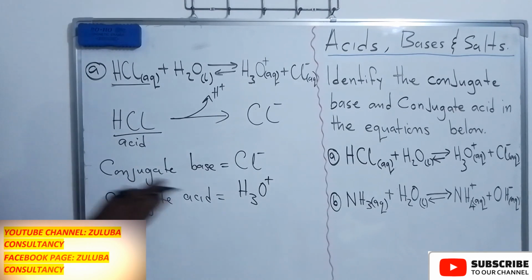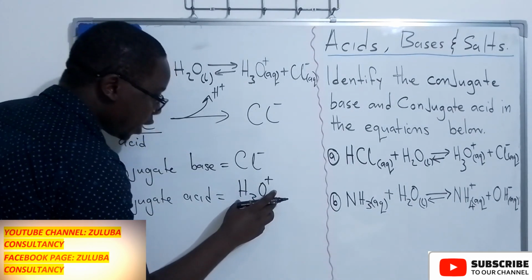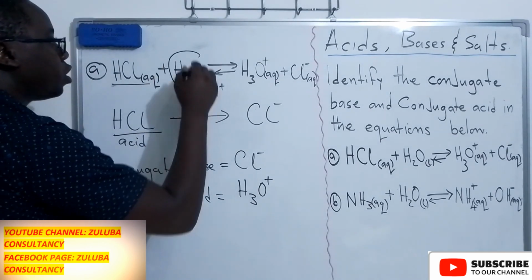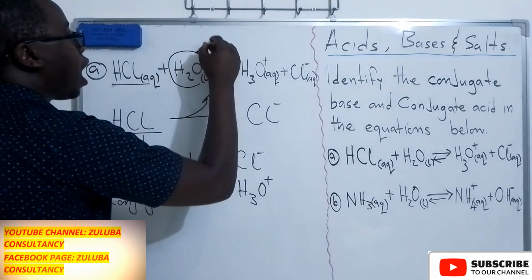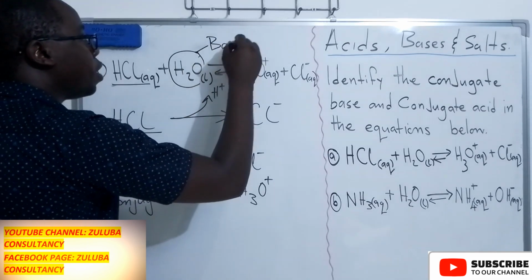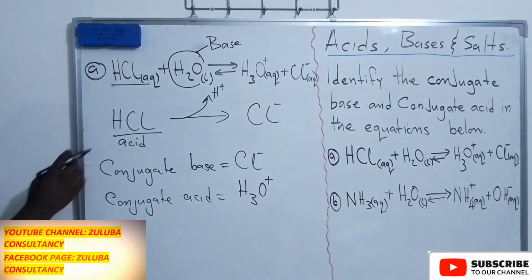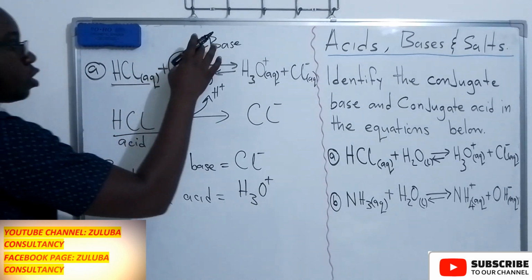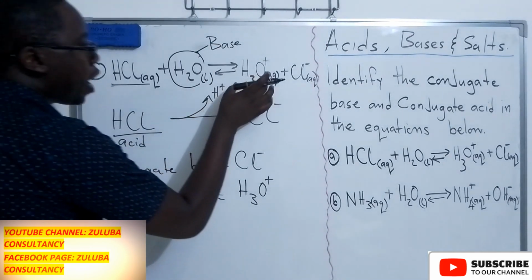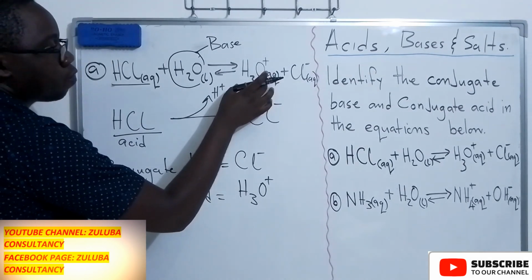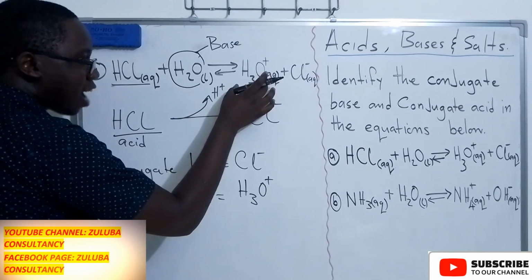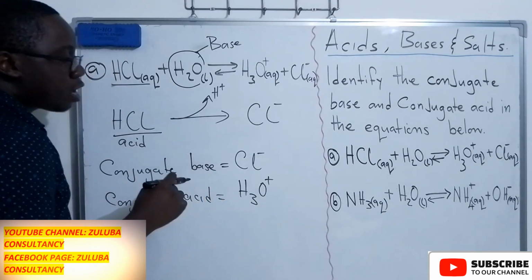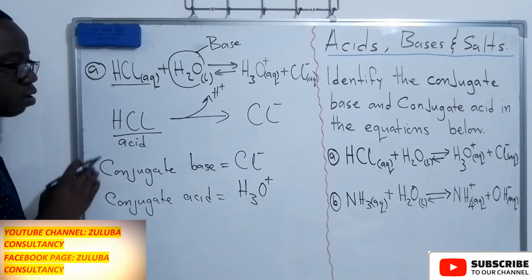So this is the conjugate acid, then we can say in this equation, water acted as a base. So we have identified HCl is an acid, water is a base, H3O positive is a conjugate acid, and then Cl negative is a conjugate base.